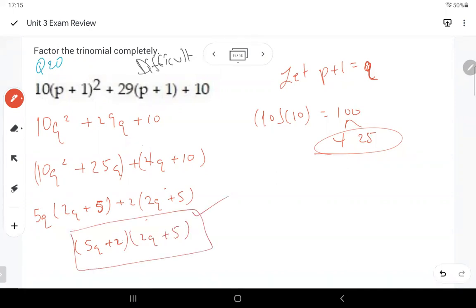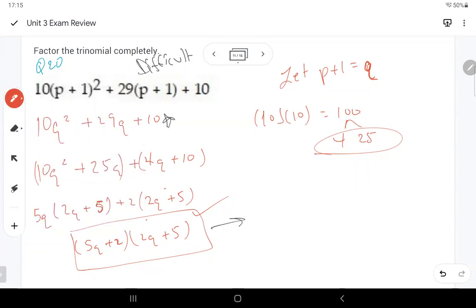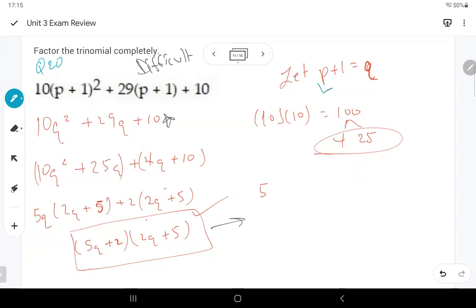Again, if you went through and foiled this, you would get back to here, but that's not the answer. So we have to take one more step. And we have to say 5, and q is not q, it's p plus 1.